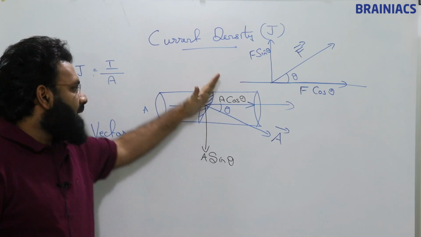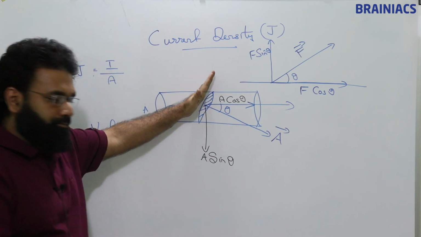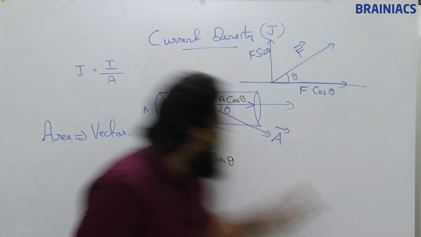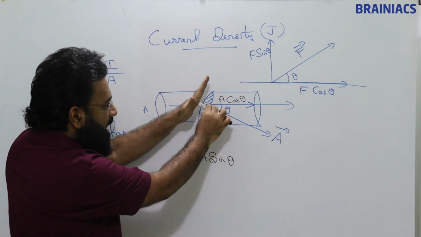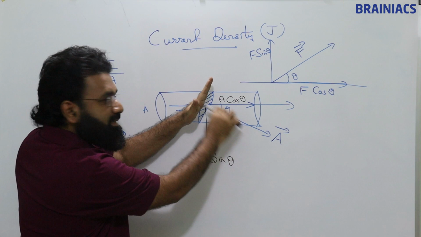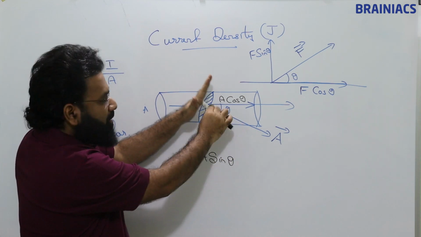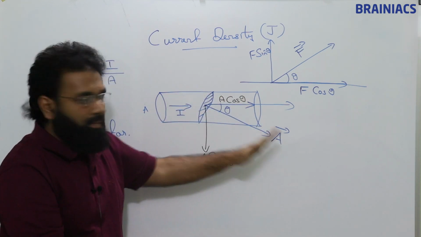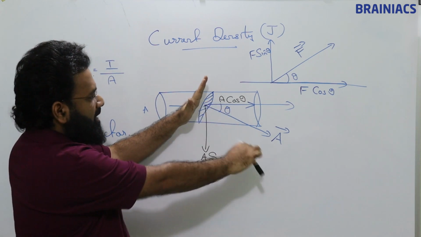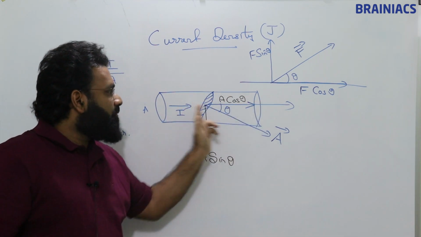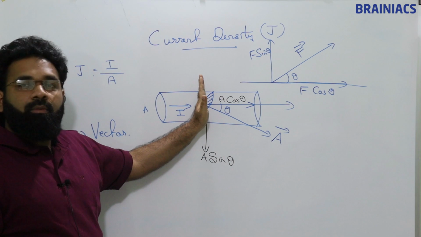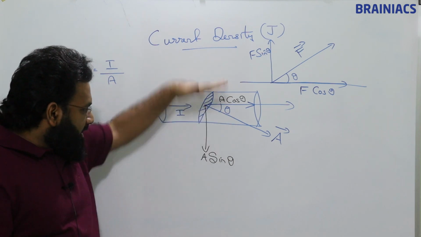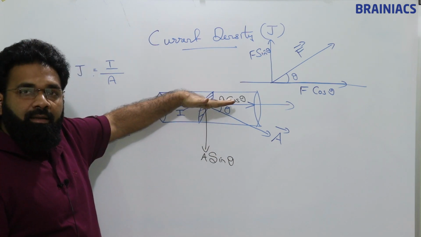So if this is the area, the normal to the area is like this, then the direction of area is this. So area is this, direction of area is this. Now if the direction of area is that, then this will be the area. If the direction of area is this, this will be the area.